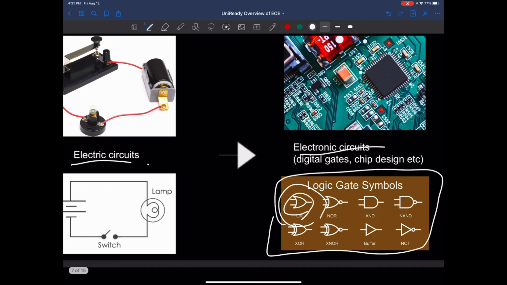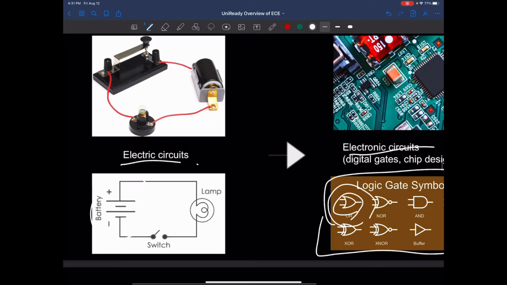Because when you are designing computers, you don't want to be thinking about how each resistor and how each battery and how each power source is going to be connected. You just want to be thinking about these logic gates and how the logic is going to flow within your design to make the system take some input and spit out some output.